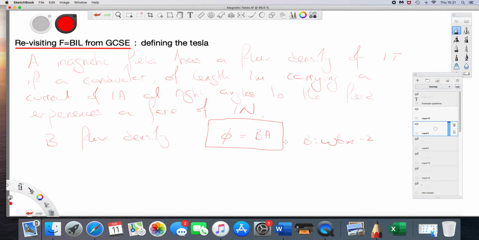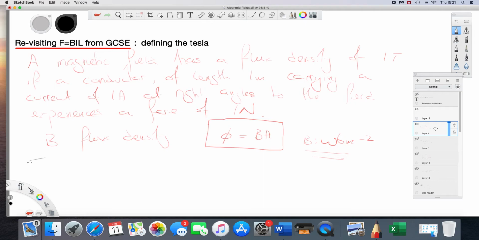So B would be Webers per meter squared. So we've got Webers per meter squared, we've got Newtons per amp per meter, we've got Tesla.